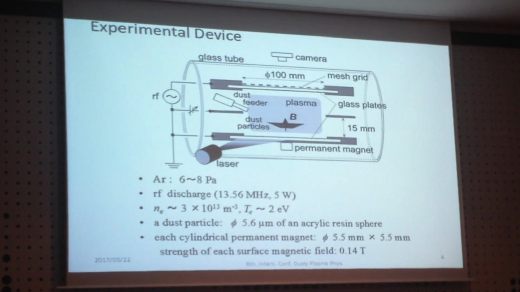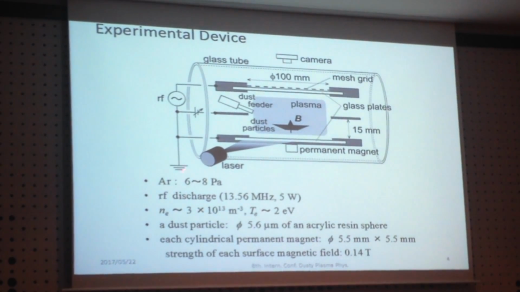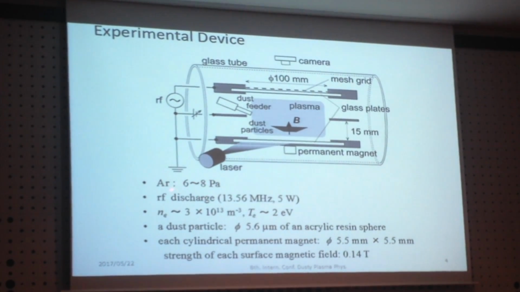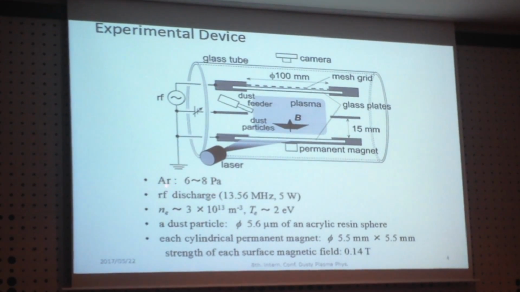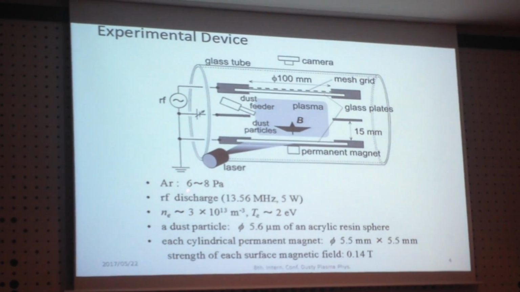This device is inserted in a vacuum glass tube. Argon gas is used to generate the plasma, and the pressure is about 6 to 8 Pascal.